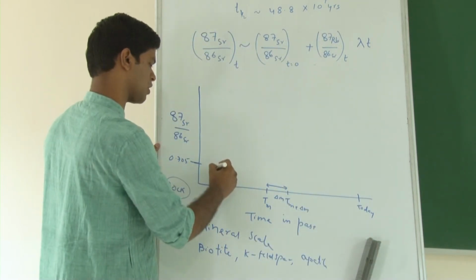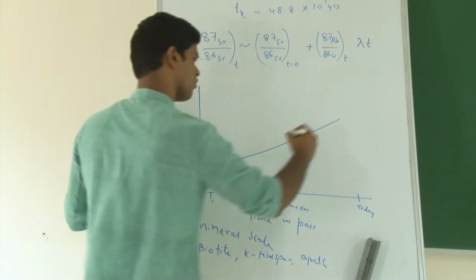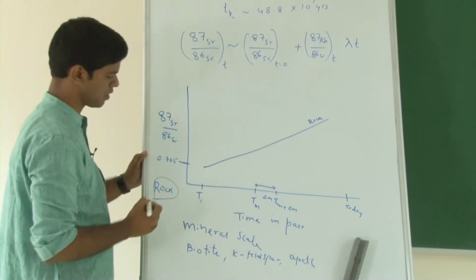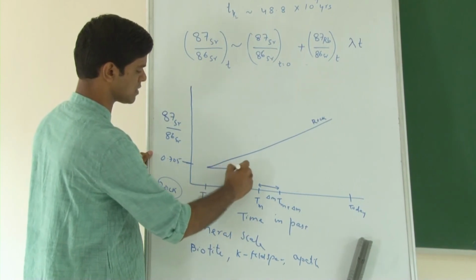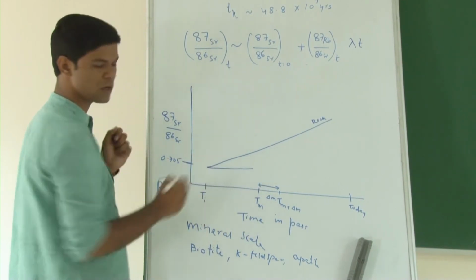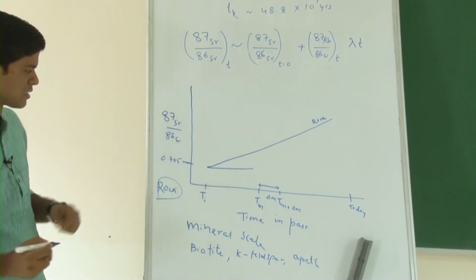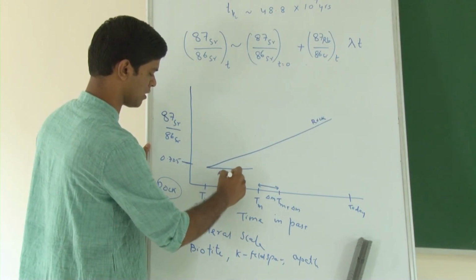Over a period of time the rock followed a straight line, this is the isochron line for the rock. If you see the apatite, which is rubidium poor, there will not be any change in the rubidium. So, this apatite will initially follow a straight line parallel to the x axis, because the rubidium in this is low.